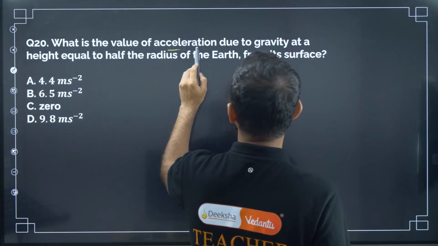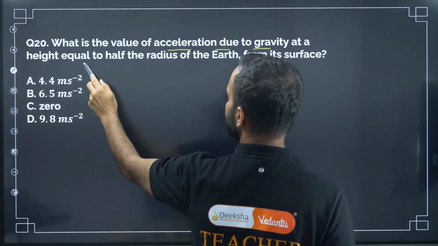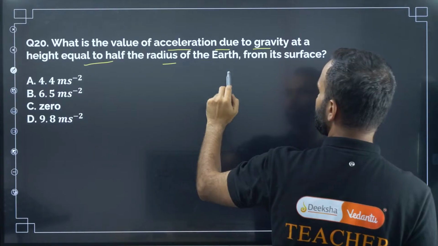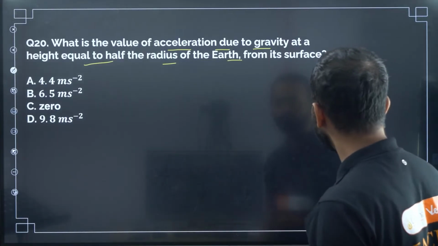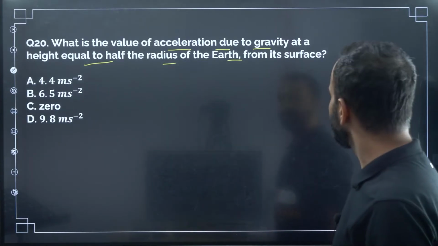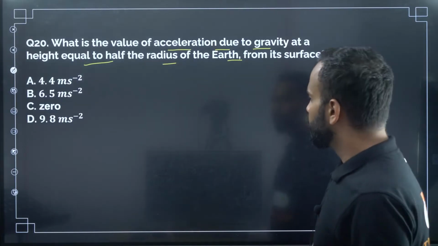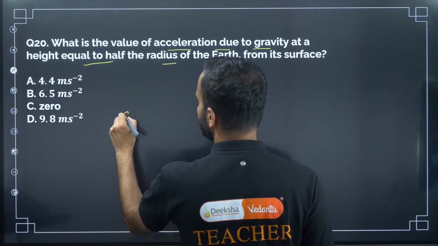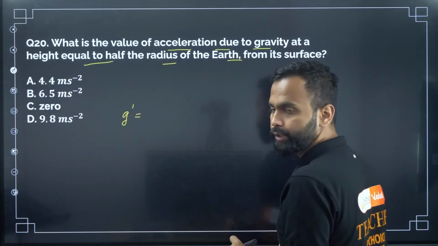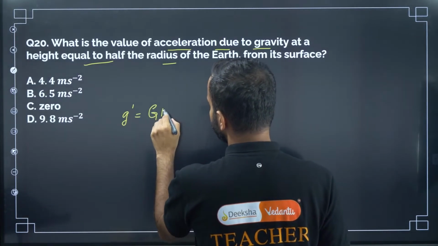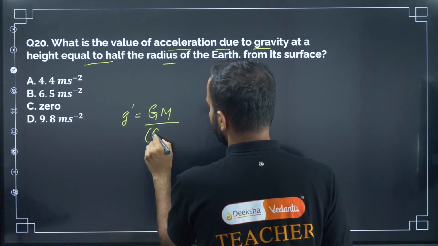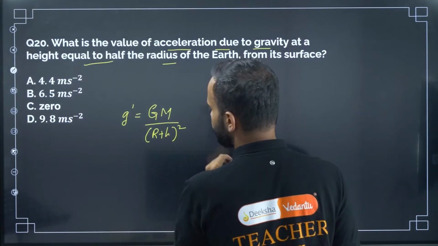What is the value of the acceleration due to gravity at a height equal to half the radius of the earth from its surface? The simple one. So here the acceleration due to gravity g dash is equal to GM divided by r plus h whole square.